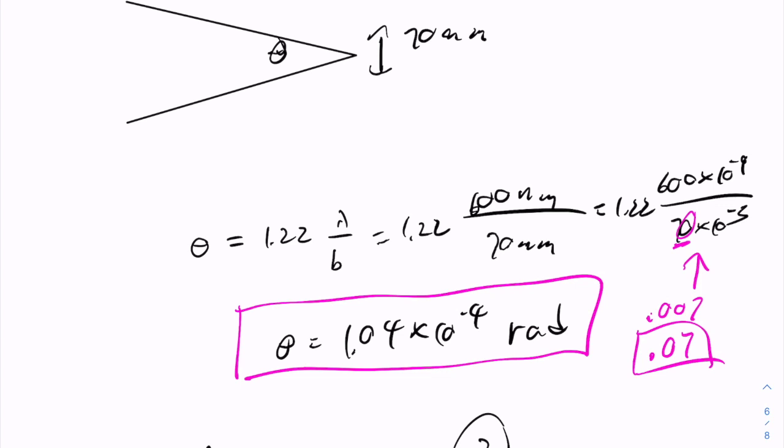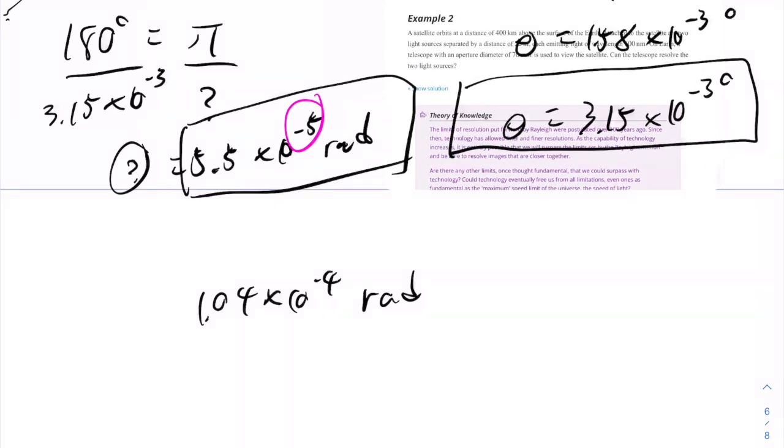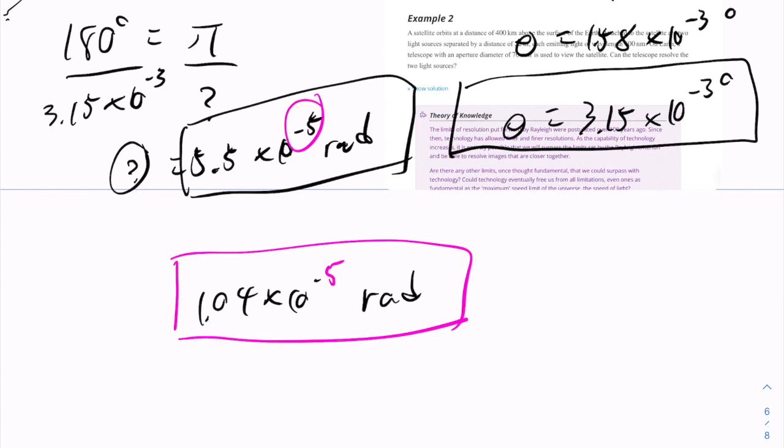And that shifts this decimal by 1. So 1.04 times 10 to the negative 5. And if we have that, this now ends up being a smaller value. So 1.04 is less than 5.5.